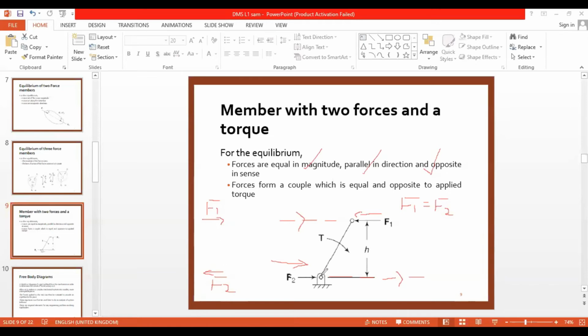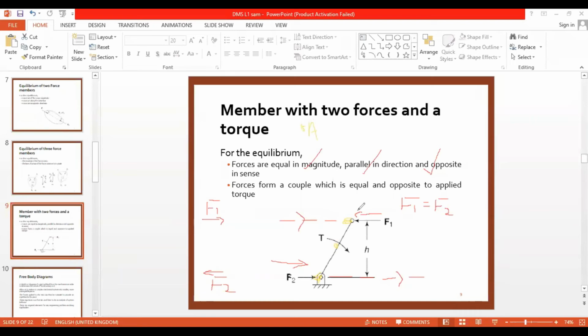So in this case, either I will take this point to take the moment, or I will take this point, or I will take this point, or I will take somewhere here a point for the moment.